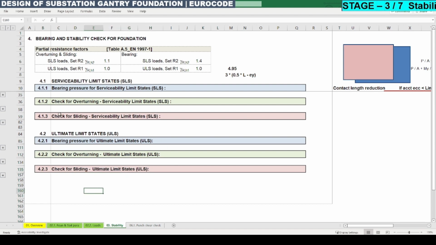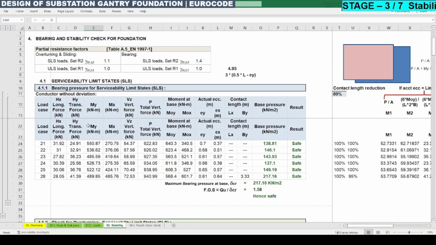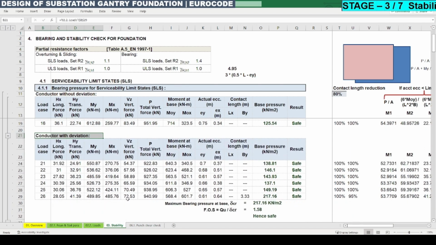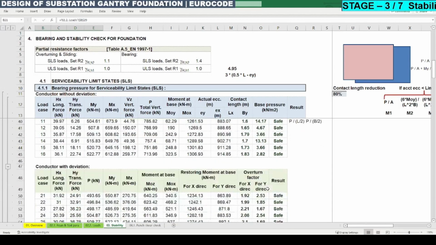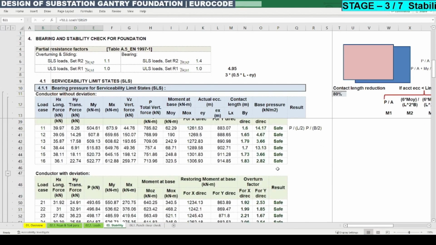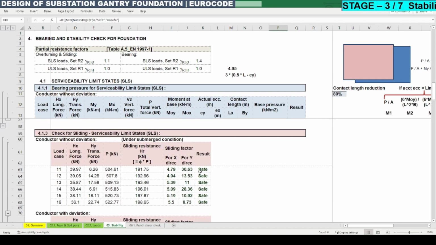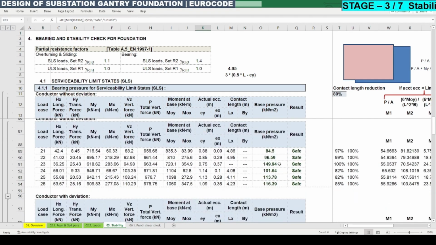All of these also have the subdivision as conductor with deviation and conductor without deviation. So all the load cases are checked. Here you can see that bearing pressure everything is safe, and for overturning in SLS also all cases are safe, and for sliding also all are safe.